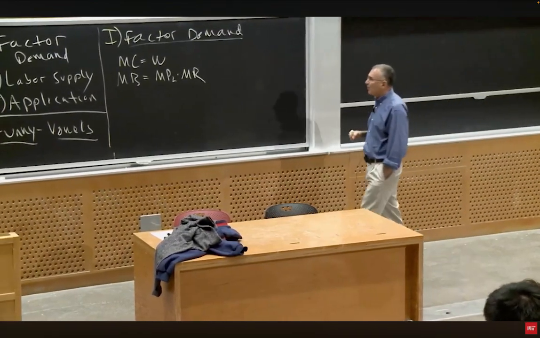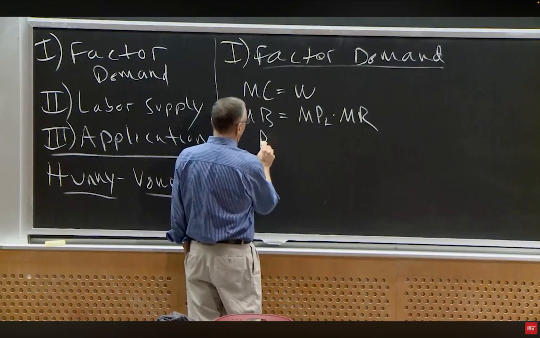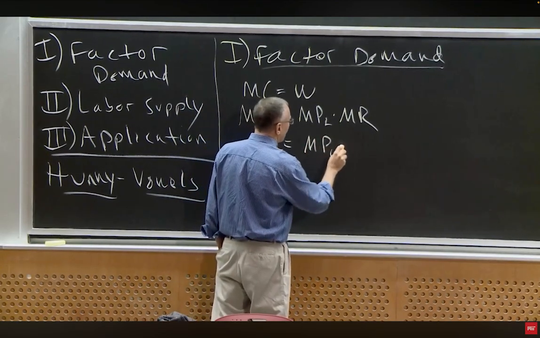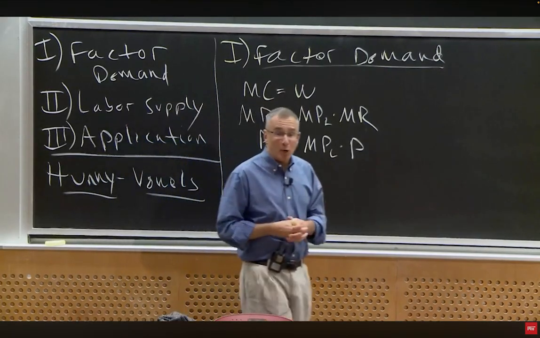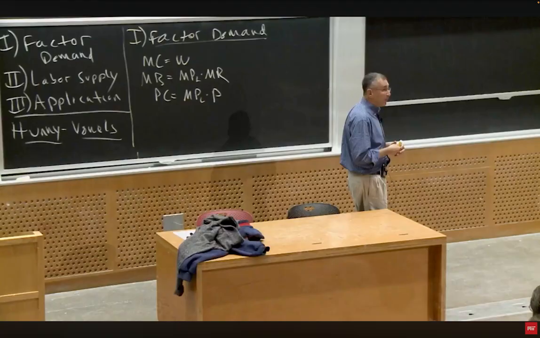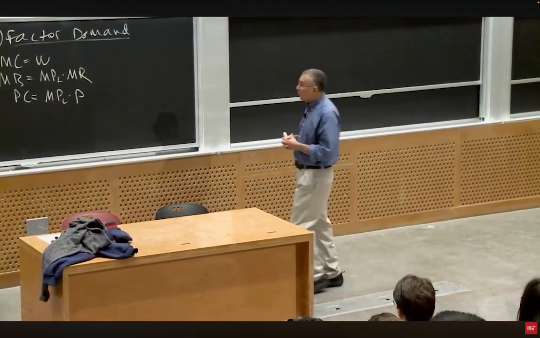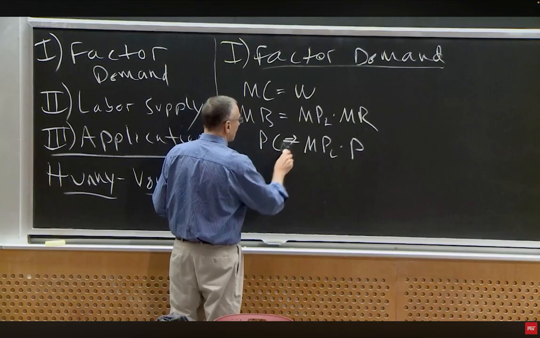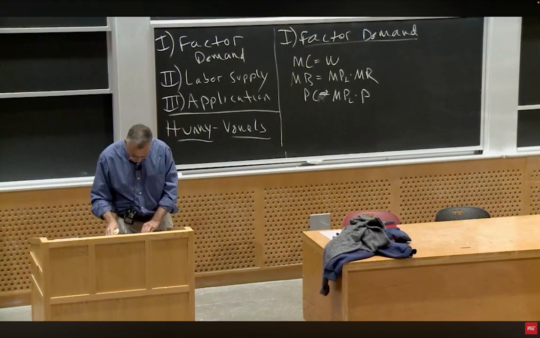So think about this in a simple case. Think about this in a perfectly competitive market. In a perfectly competitive market, the marginal benefit of a unit of labor is the marginal product of labor times the price. So what's another unit of labor worth? It's worth how much that worker can produce times how much I could sell it for. So in a perfectly competitive market, the marginal benefit equals the marginal product of labor times price.